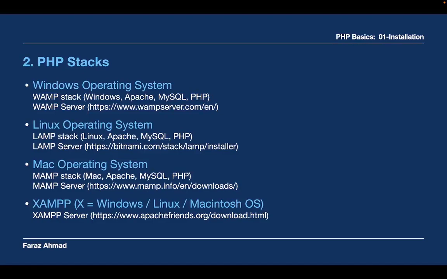If you are on a Windows operating system, then you can adopt the WAMP stack, which stands for Windows, Apache, MySQL, and PHP. Instead of installing these components individually, such as Apache, MySQL, and PHP, there is a WAMP server available, and you can download it and install it on your Windows operating system. It will install and set up all of the components required for the WAMP stack.